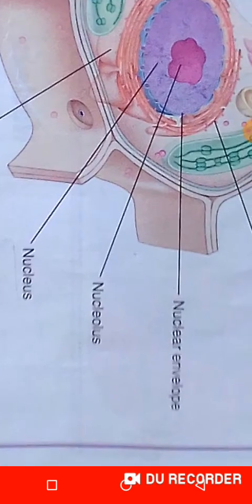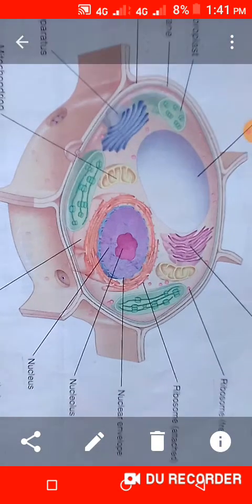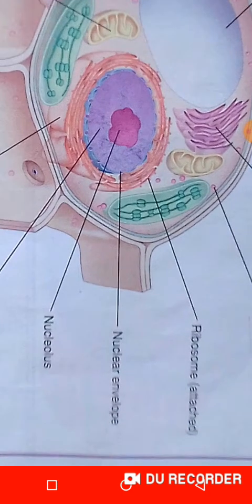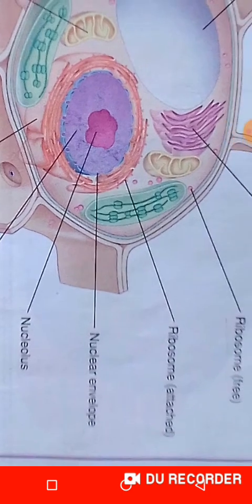Now, the nucleolus is in the nucleus, and it stores the genetic information of the cell. Now, the nuclear envelope. This is the nuclear membrane.